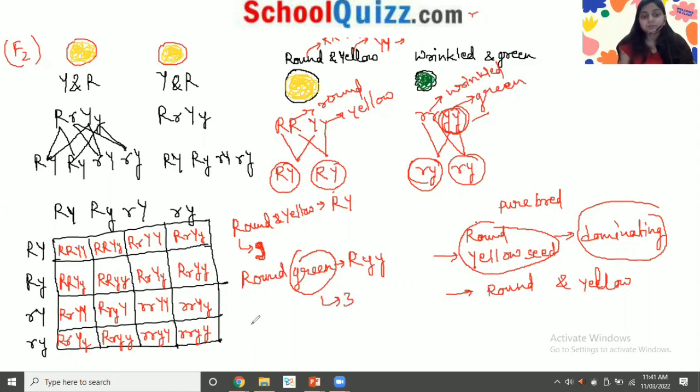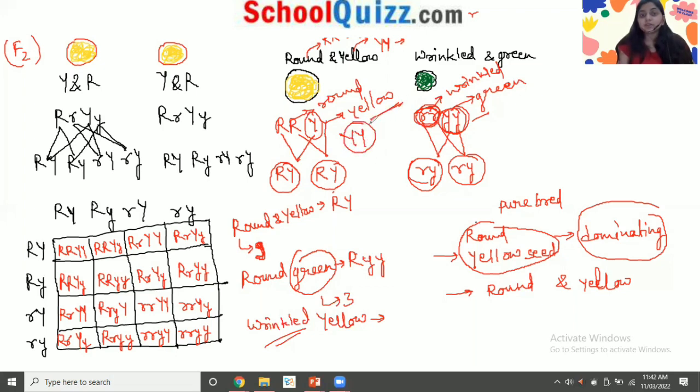Okay. Now for the wrinkled and yellow. So what should be the combination for the wrinkled? See here, for the wrinkled, double r should be there, and for the yellow, at least one capital Y should be there, because it is not necessary that double capital Y should be there for the yellow.